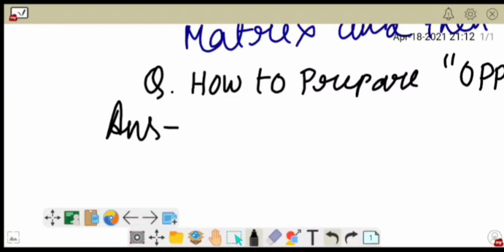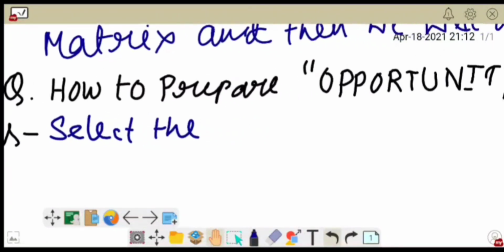Okay, so write down in that way. Select the highest element. You will get to know the selection of the highest element in the next problem, in the next practical sum. So don't worry about this term.